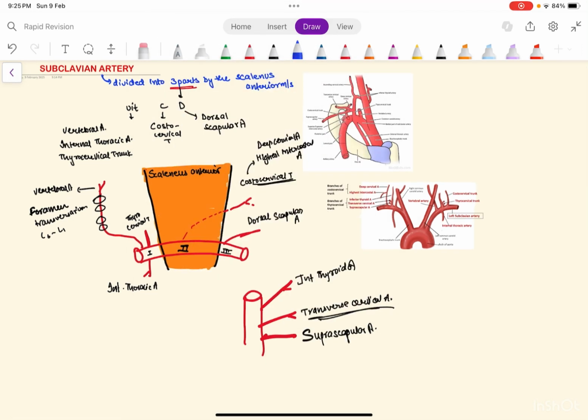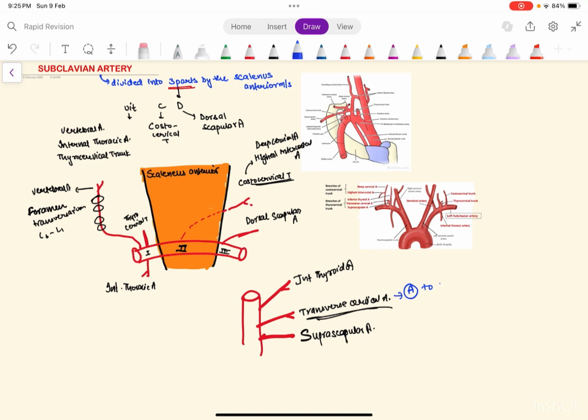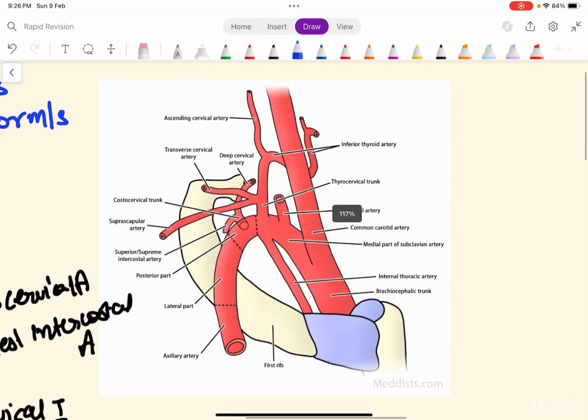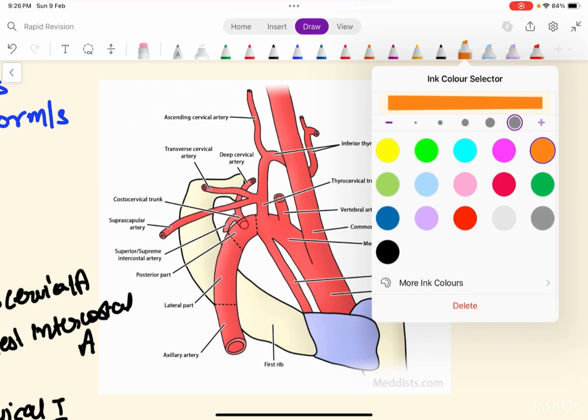Sometimes the transverse cervical artery is absent. To compensate for its absence, the third part of the subclavian artery gives the dorsal scapular artery.